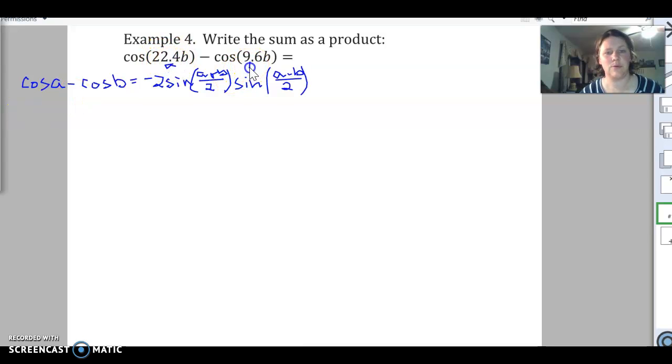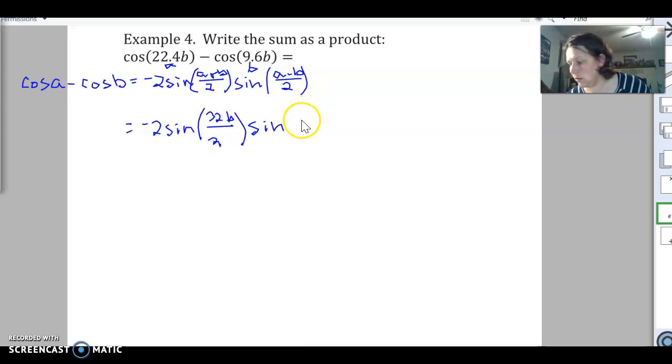Okay, now let's go ahead and fill in what we have. 22.4b will be A, and 9.6b will be B. So let's rewrite that. So we've got negative 2 sine of A plus B, which is going to be 32b over 2, and then sine of A minus B, which is 12.8b over 2.